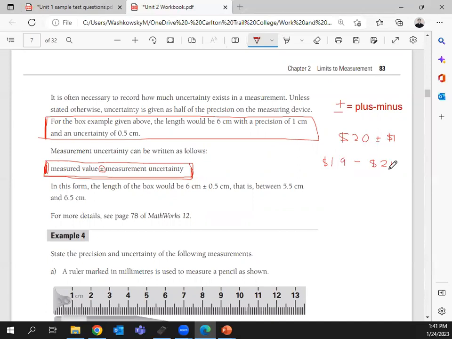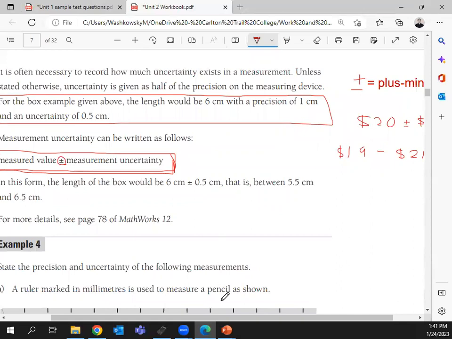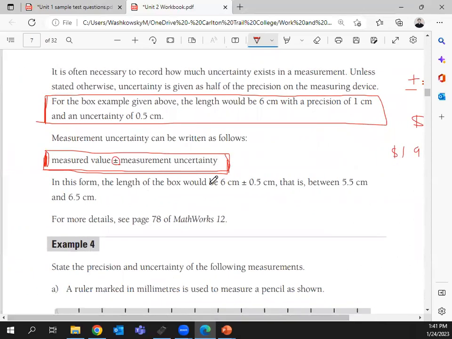So if I'm going into this specific example here with a box of 6 centimeters, precision of 1 centimeter, and an uncertainty of 0.5 centimeters, you can see right here, the box is going to be 6 centimeters plus or minus 0.5 centimeters. Which means the box is between 5.5 and 6.5 centimeters.